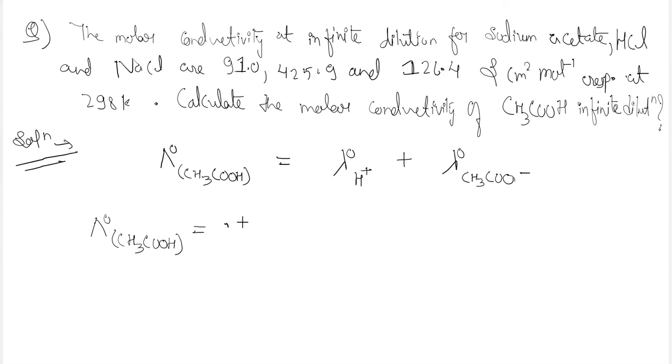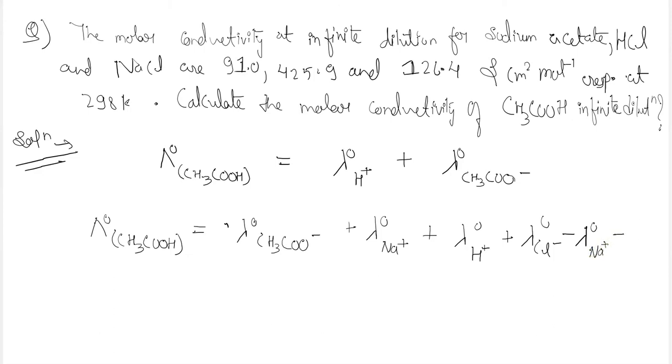We can say that it will depend on lambda naught CH3COO minus, and it can also depend on Na plus, H plus, and lambda naught Cl minus, and one more Na plus taken from lambda naught Cl minus. That is NaCl, HCl, and this is for your sodium acetate.